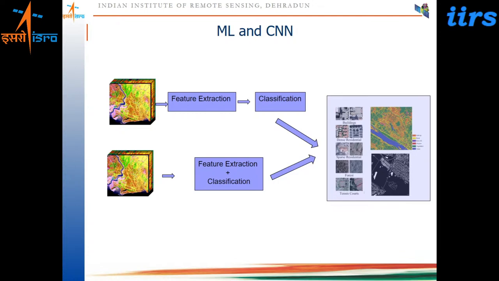So if you want to create, let's say, a water body, the water body may be scattered in your scene. All the water bodies will follow slightly different values of the spectral bands. But as a whole, if you want to represent the water body, what we can do is create an average vector, and those vectors can be a representative of a particular class.